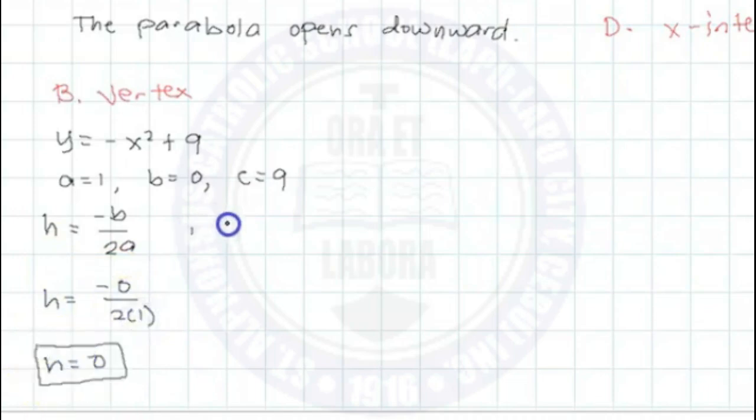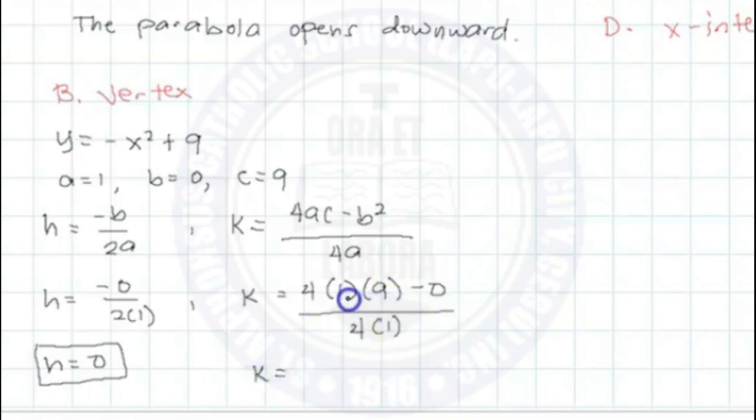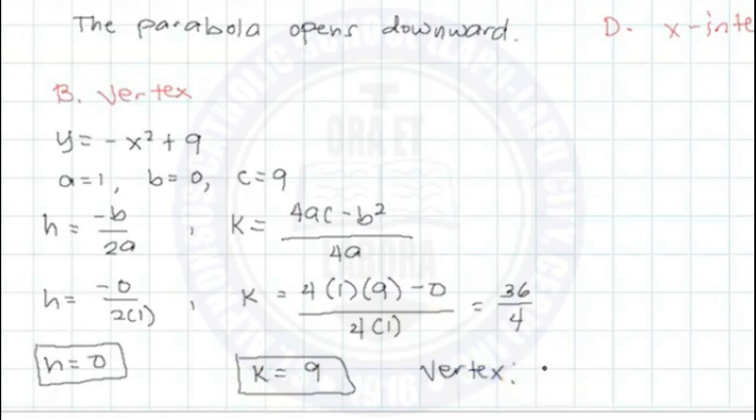And our k equals (4ac minus b squared) over 4a. Substitute: k equals (4 times negative 1 times 9 minus 0) over 4 times negative 1. So 4 times 1 is 4, times 9 is 36, 36 divided by 4, the answer is 9. Therefore, the vertex is 0, 9. Okay, we will highlight this one.